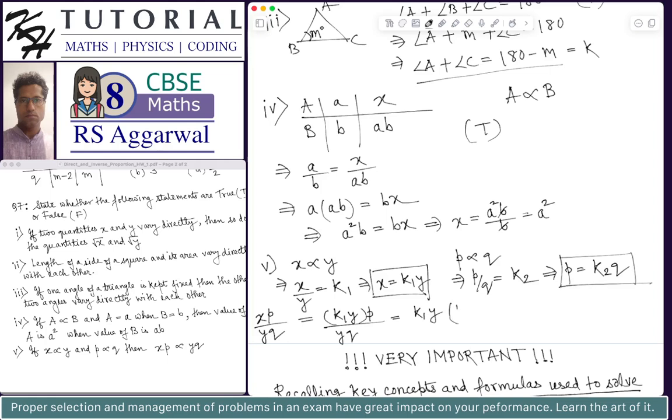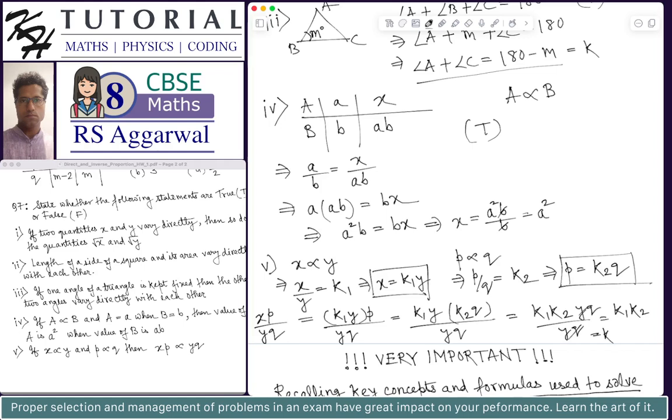So this is K1Y multiplied by K2Q divided by YQ. After simplification, we get K1 K2 YQ divided by YQ, and YQ cancels out. We get K1 multiplied by K2, which is a constant because both K1 and K2 are constant.